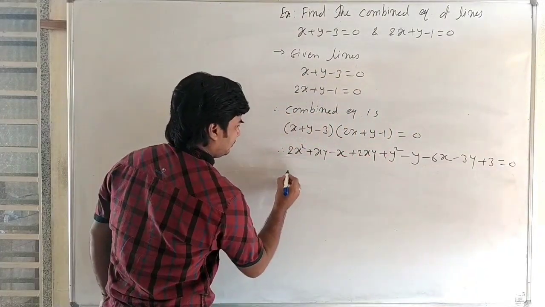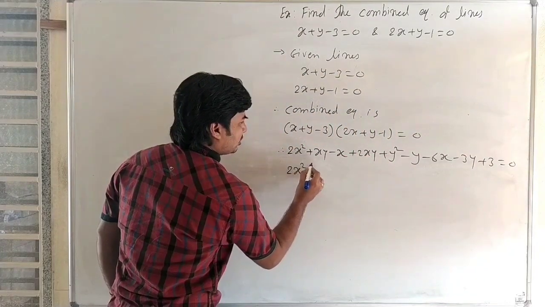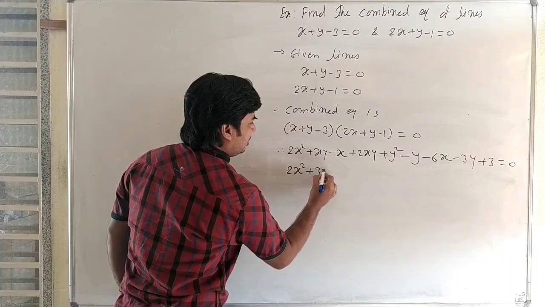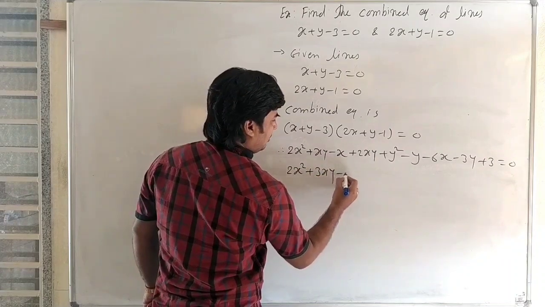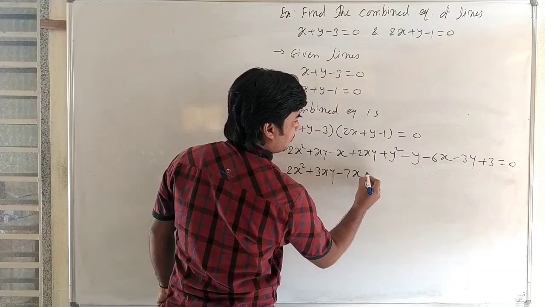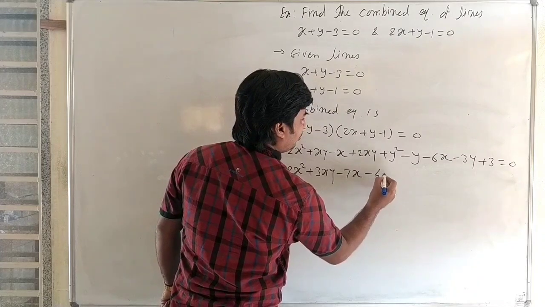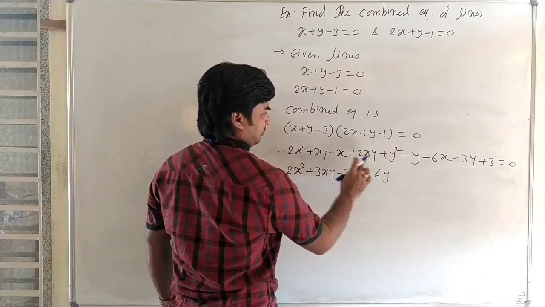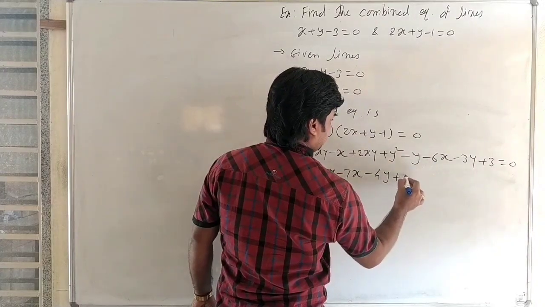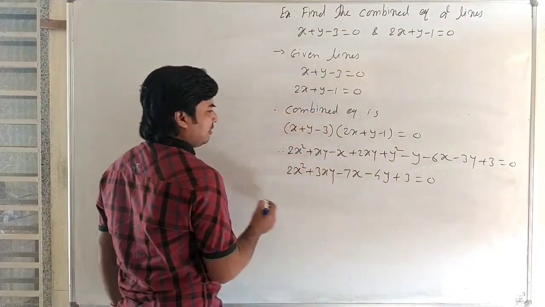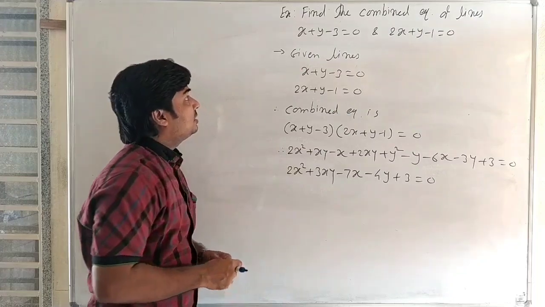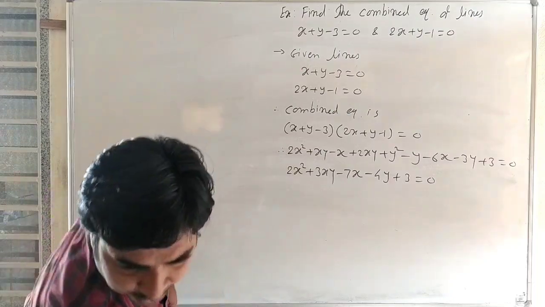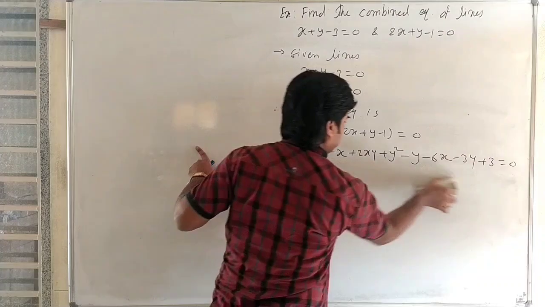Then 2x square plus 3xy plus y square minus 7x minus 4y plus 3 is equal to 0 is the required second degree equation. Okay, now this is the next.